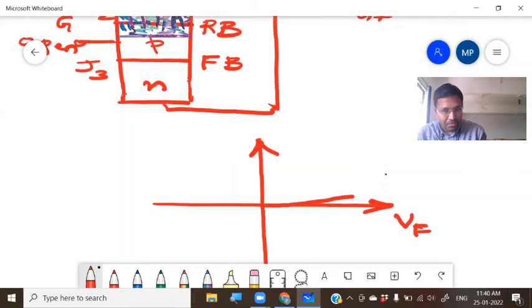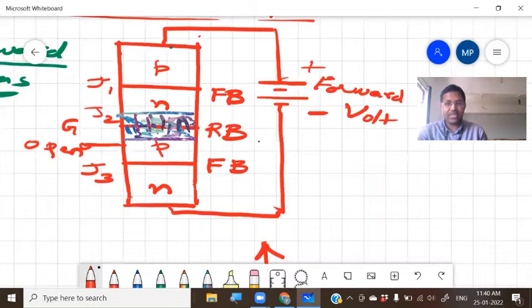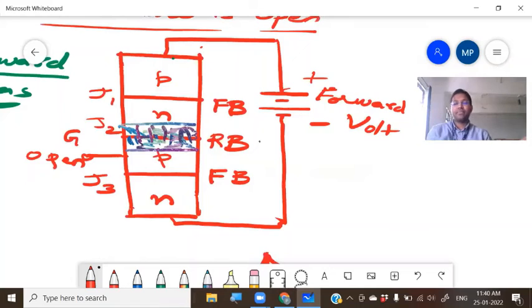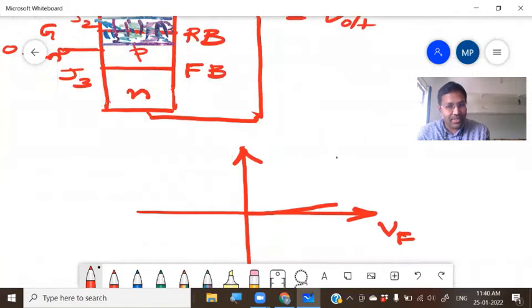But as you keep increasing the forward voltage, the junction will break down. Any PN junction, if you increase the reverse voltage, breaks down. When the junction breaks down, the current will increase after that point.